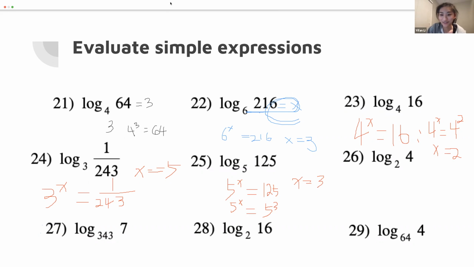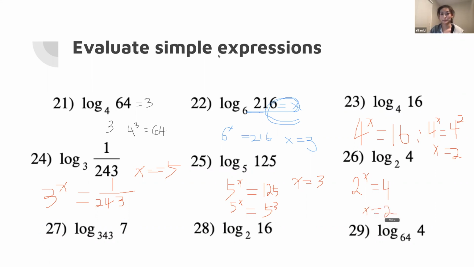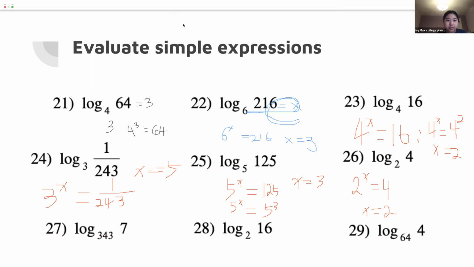Okay. And for 26, we got 2 to the power of x, and this one's easy because people just memorize it, 2 to the power of 2, and so x equals 2. Yeah, and then going on for 27.